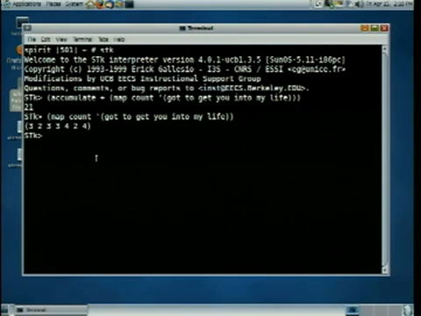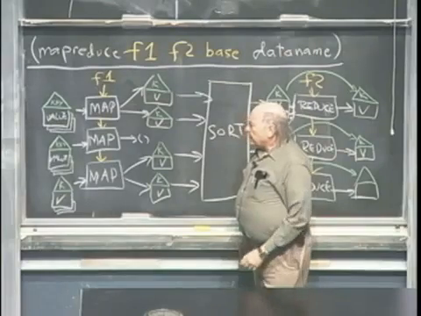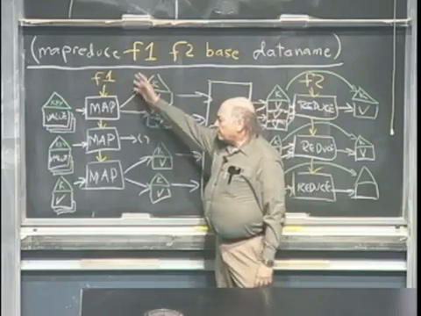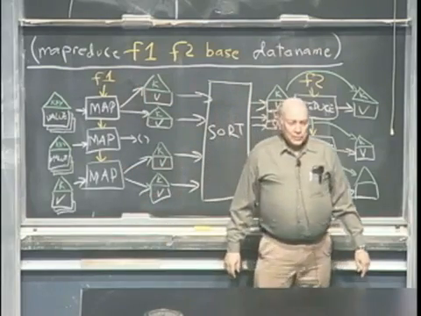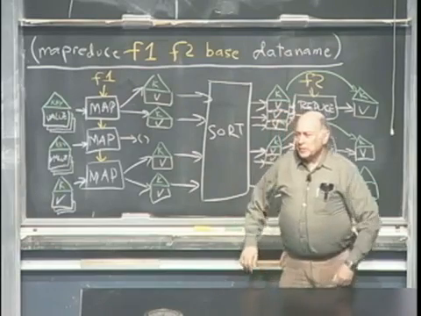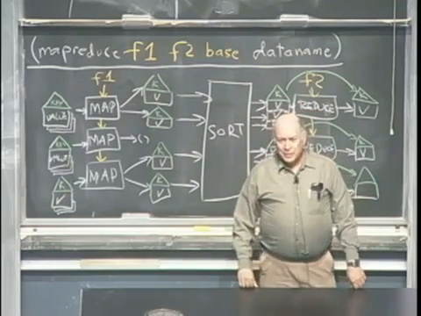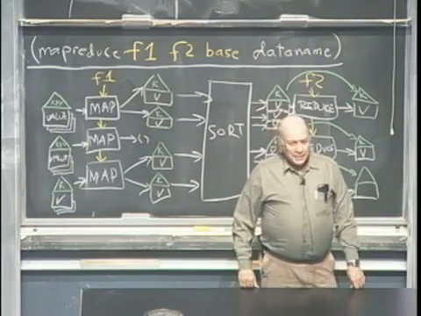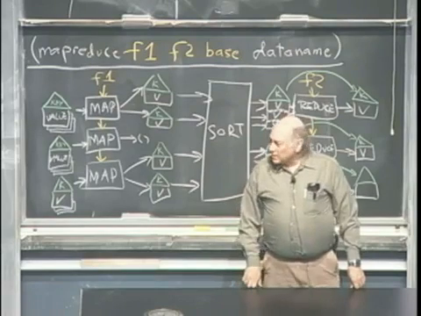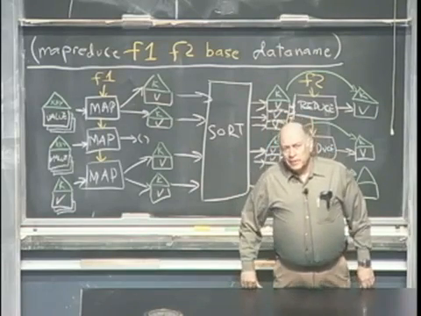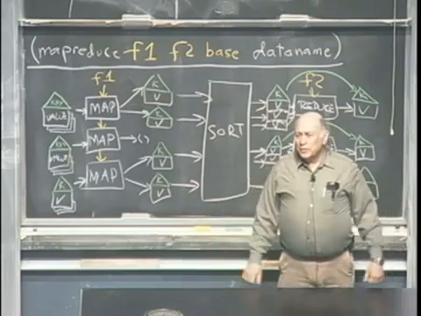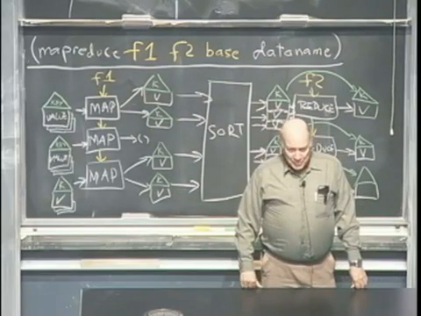So, minimum theta of n time, right? Supposing it takes constant time to process one datum, and there's n of them, it's going to be theta n time. So now you have to imagine that we have a number of computers. In your case, I think the number of computers is going to be 12 or something like that when you do it in the lab, more or less. But in industry, it would be more like 1,000 or 10,000 computers.